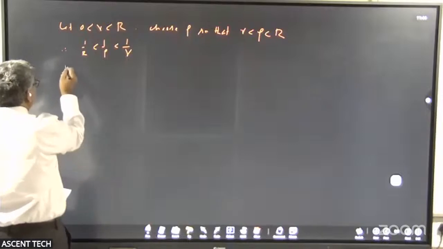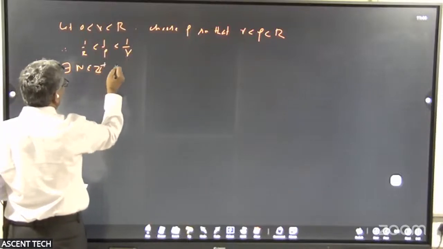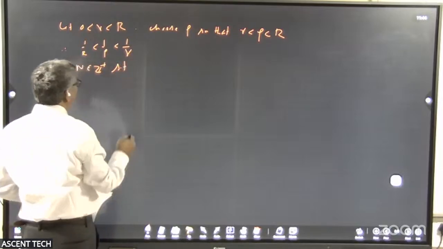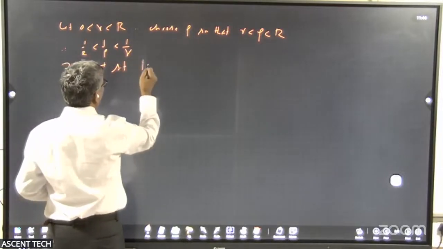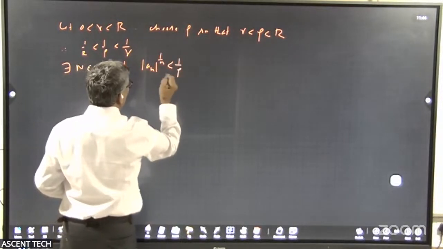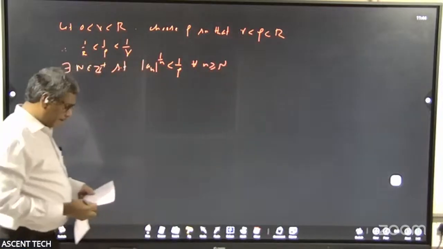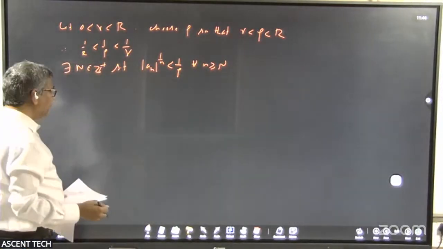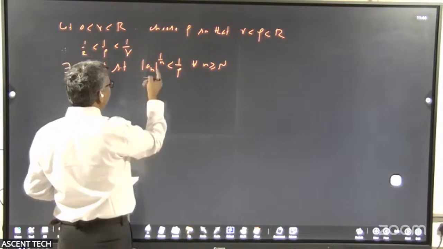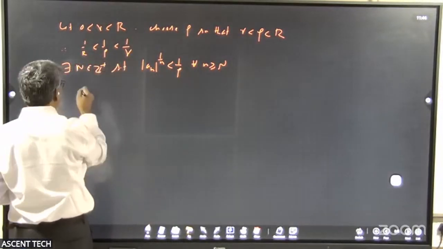Once again, I have the same thing: there exists a capital N in Z plus such that |a_n|^(1/n) is less than 1/rho for all n at least capital N. Is that right? Now just go ahead and do this.